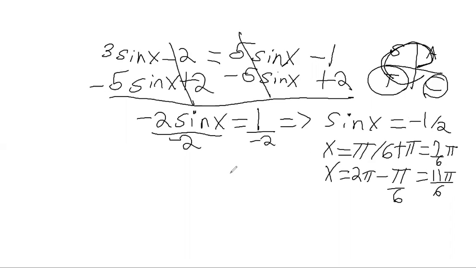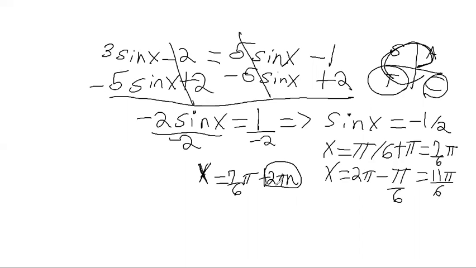There's more to it than that, because that's only one solution for each of the quadrants, so a total of 2 solutions. But I want all possible solutions. So for the first one, I would have x equals 7/6 pi plus 2 pi n. This part is extremely important because the 2 pi is the period.